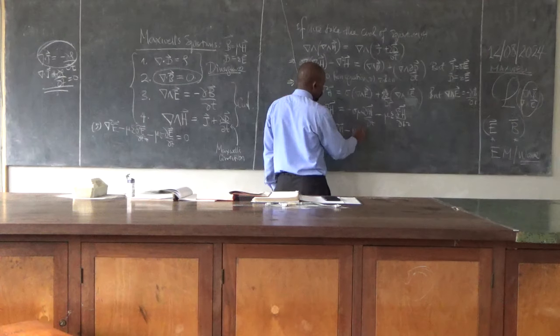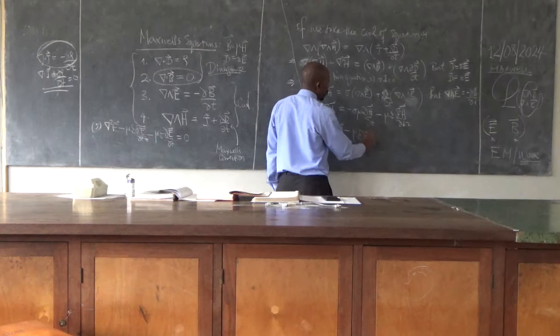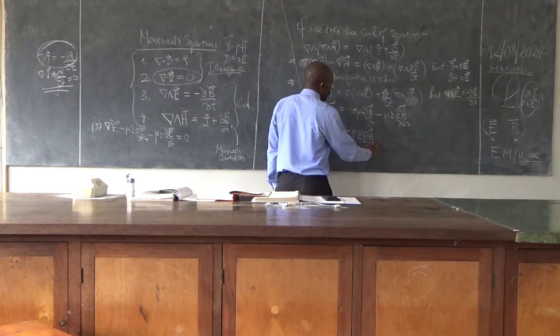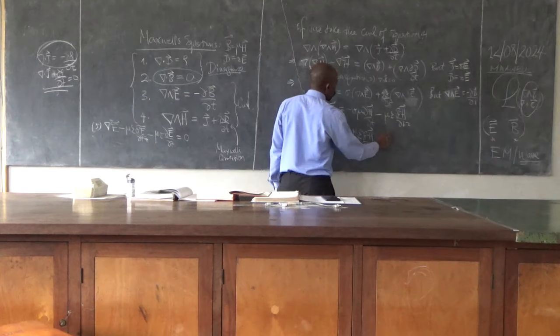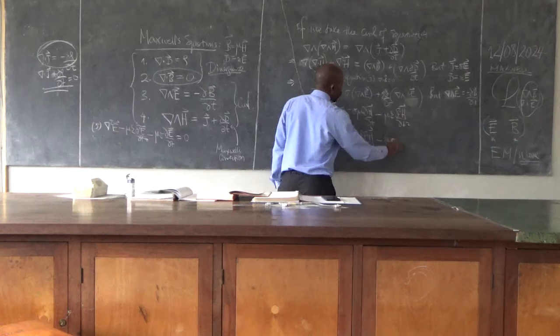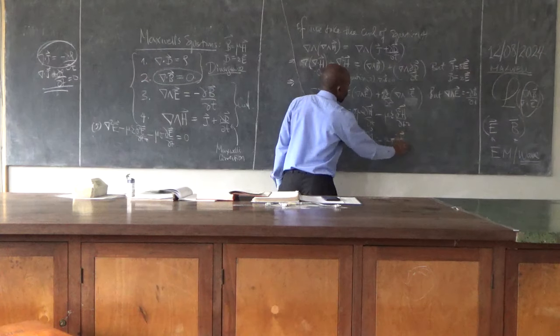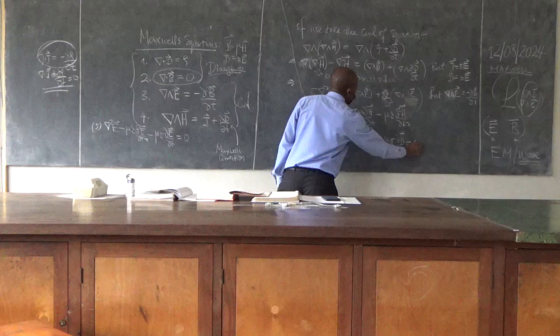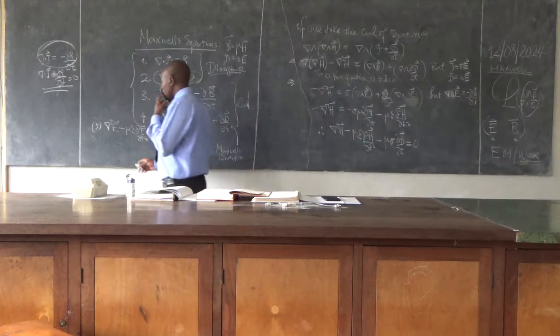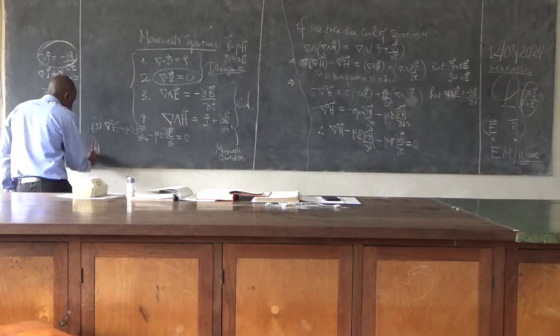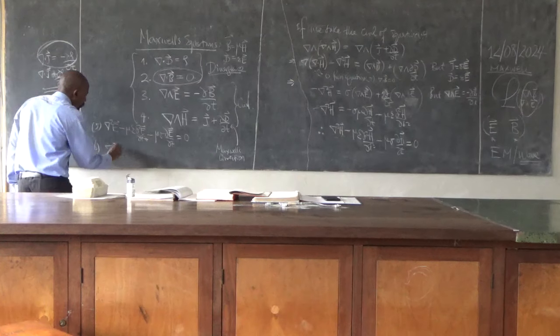So με ∂²H/∂t² minus μσ ∂H/∂t should equal to zero, this is our equation 6.